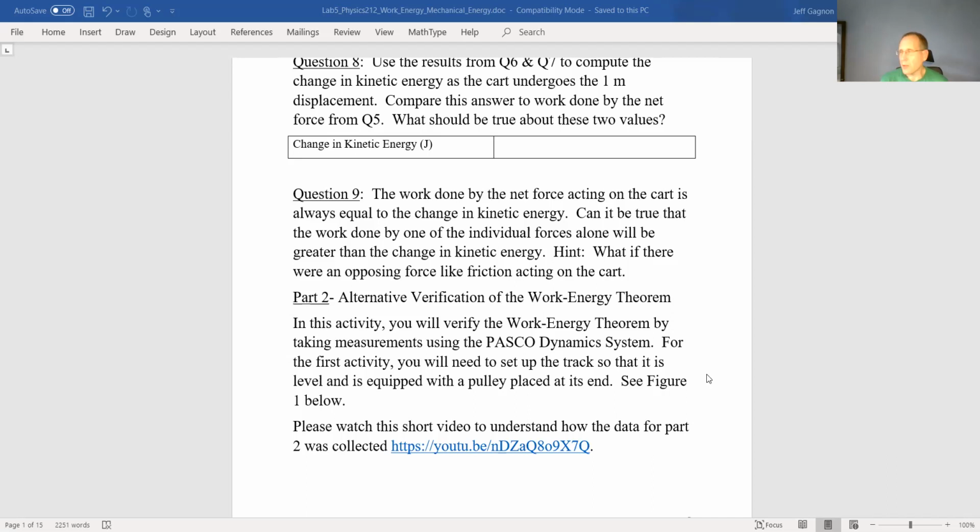What if there was a frictional force resisting the motion, and then you have several forces accelerating the car in the opposite direction of the friction? Can the work done by one particular force be greater than the change in kinetic energy?